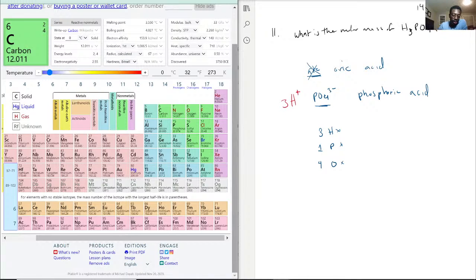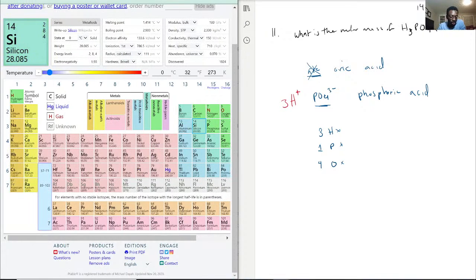For hydrogen, it's 1.008, for phosphorus it's 30.974, and for oxygen we have 15.999.